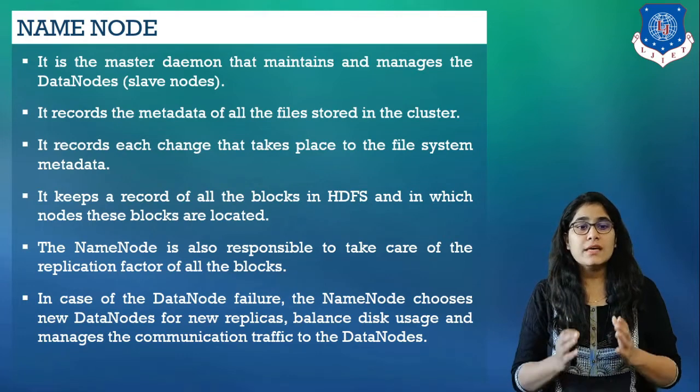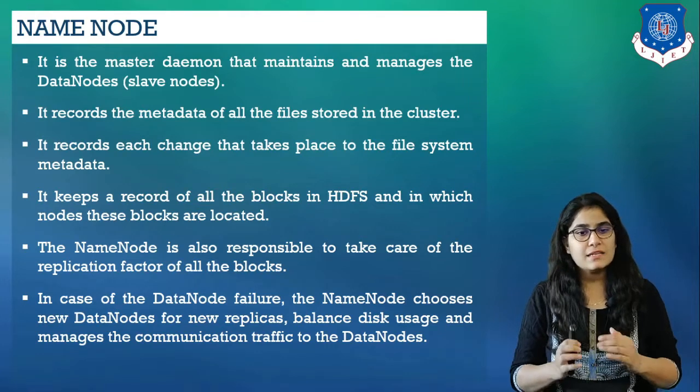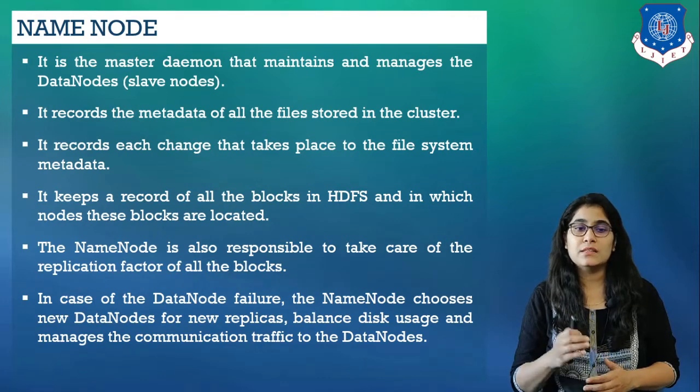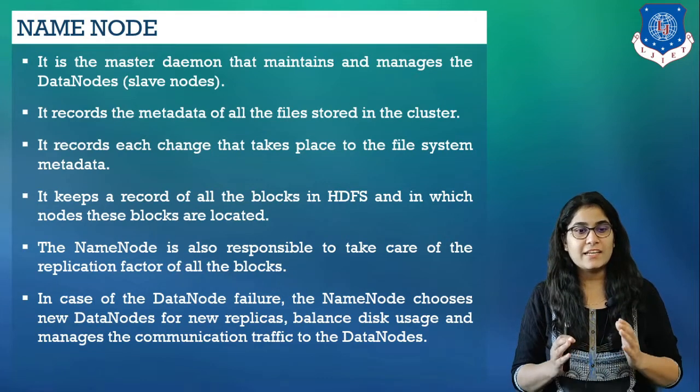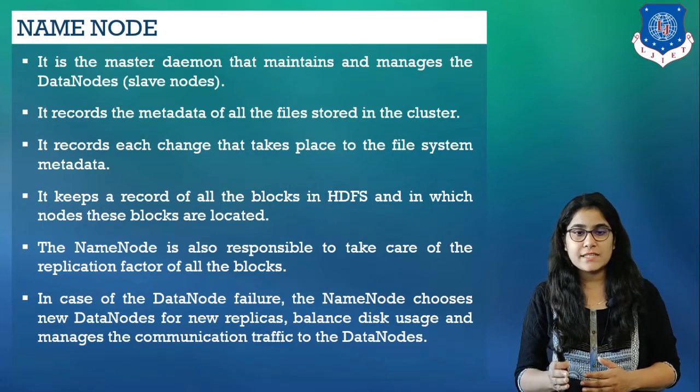It records each change that takes place to the file system metadata. For example, if a file is deleted in HDFS, the name node will immediately record this in the edit log. It regularly receives a heartbeat and a block report from all the data nodes in the cluster to ensure that the data nodes are live.